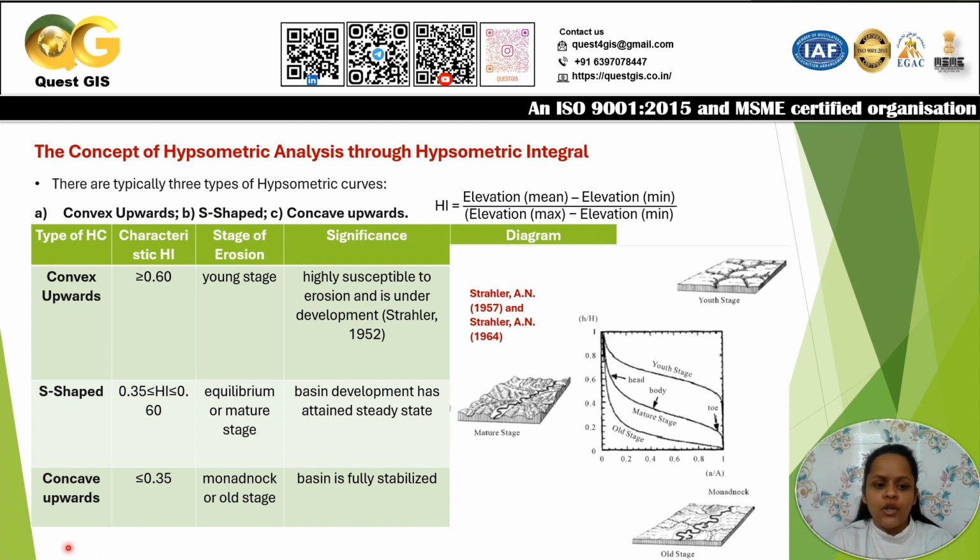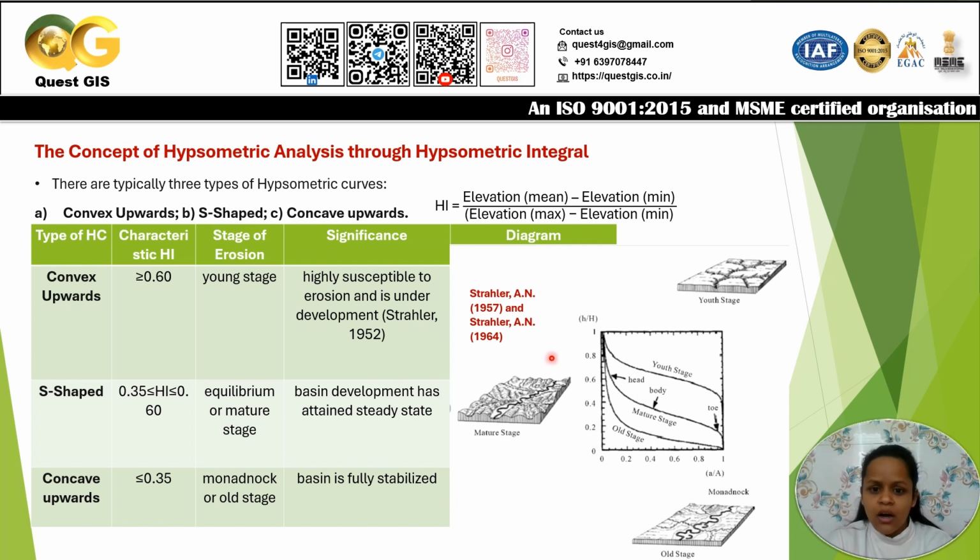And when you have a concave upward graph like this, the value will be less than or equal to 0.35. That means only 35% of the volume is remaining. Such areas show the monadnock or old stage of erosion, and here a basin is called fully stabilized.